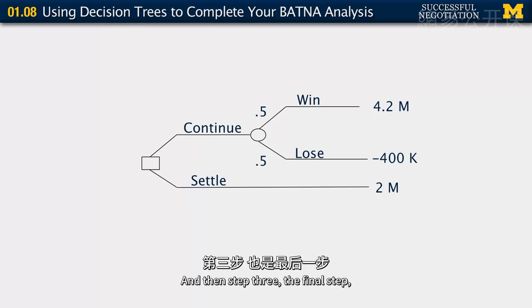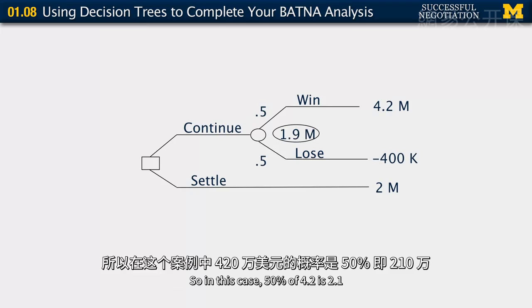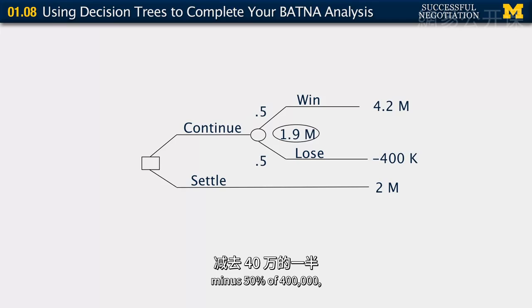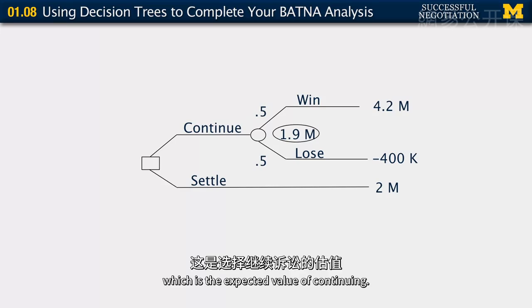And then step three, the final step, is to calculate weighted averages. So in this case, 50% of 4.2 is 2.1. Minus 50% of 400,000 brings you to a weighted average of 1.9 million, which is the expected value of continuing.